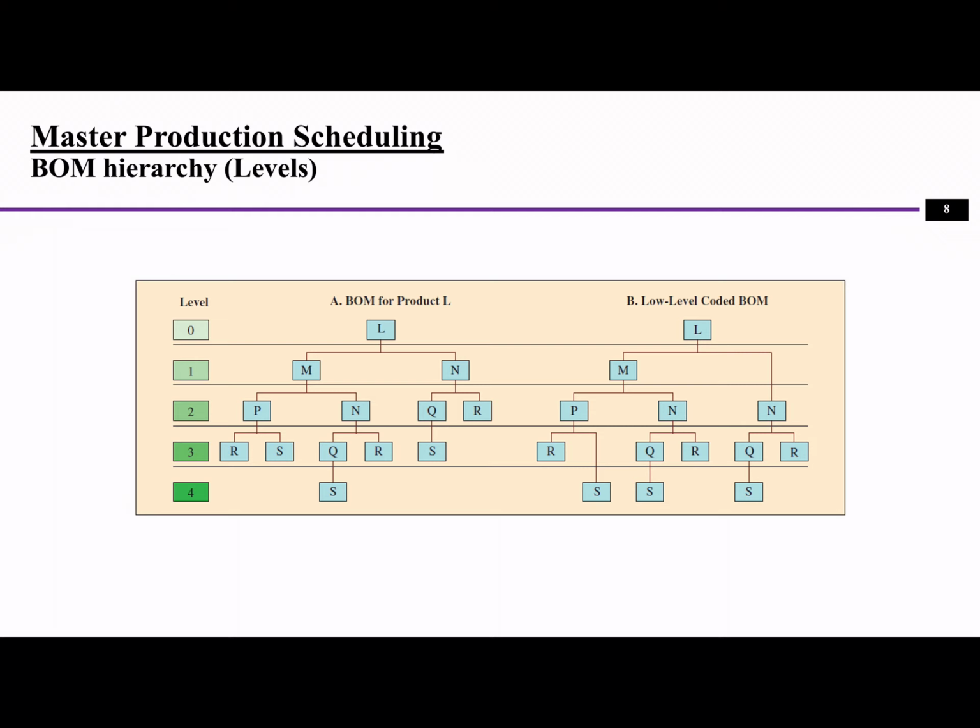Okay, and so the graph to the left, you can see it's not very clean. The reason it's not clean is because we have an N here, and we also have an N here, but N is the same part, right?